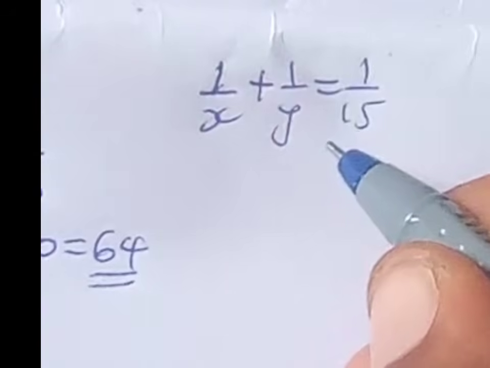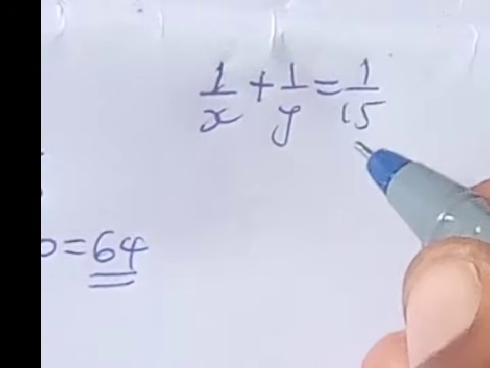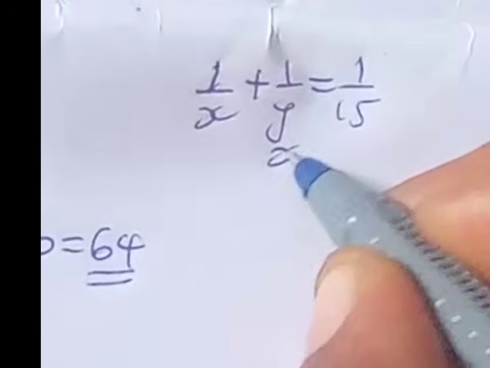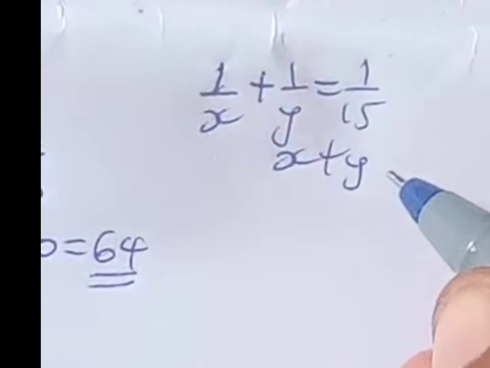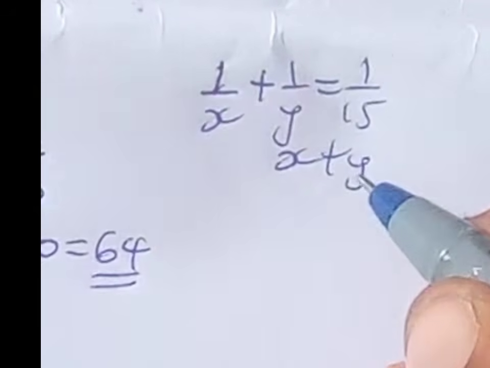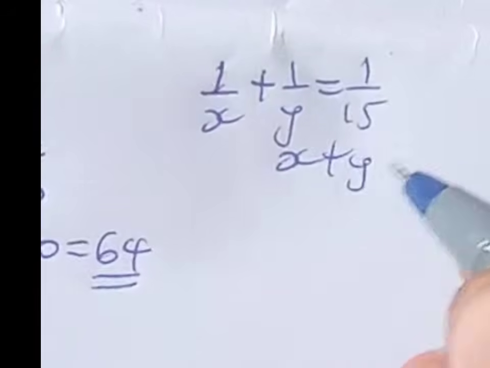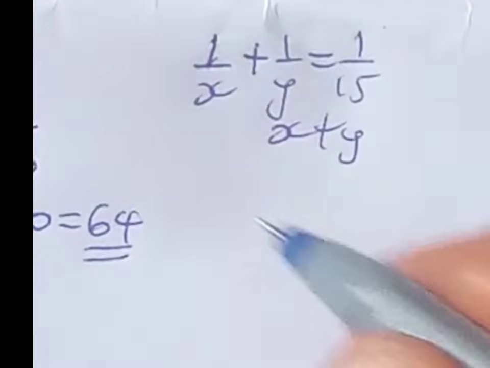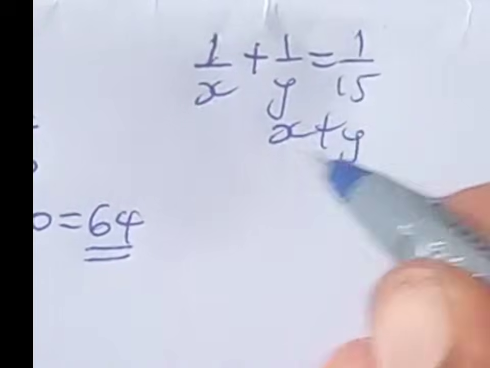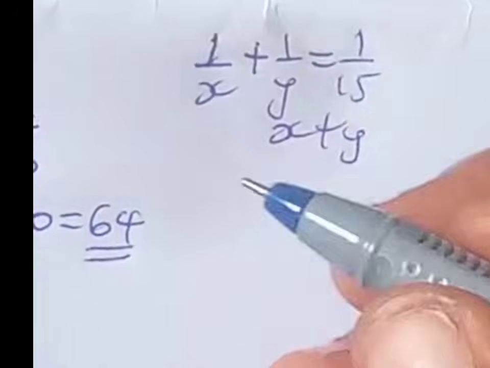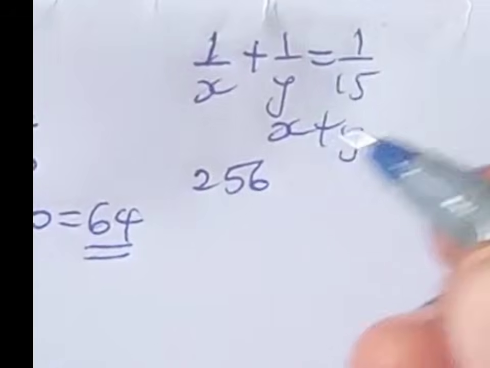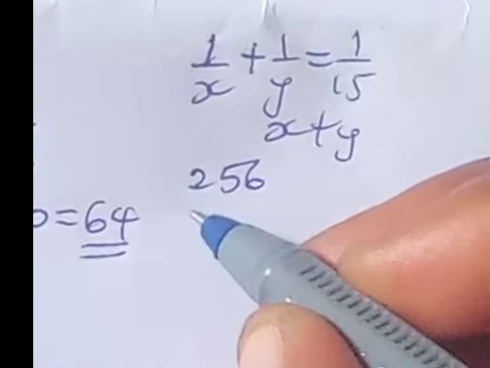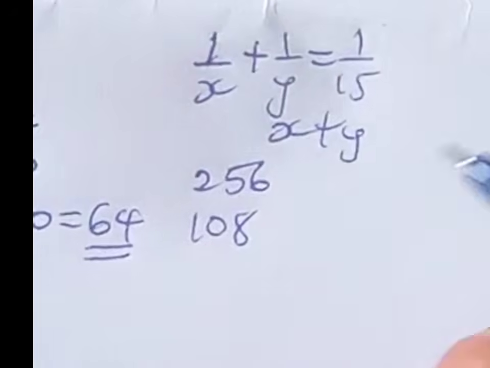This equation does not determine a unique value of x plus y because there are many possible pairs of x and y, and each pair gave us a different sum. That means this equation has many solutions. If you say your answer is 256, you're correct. If you say your x plus y is 108, you're correct.